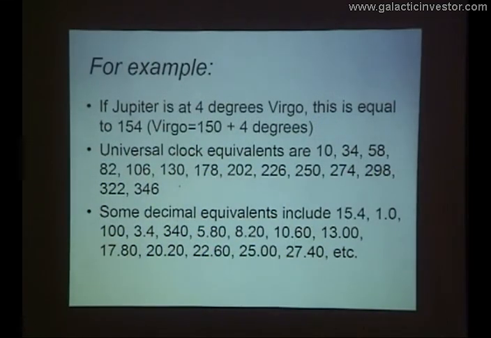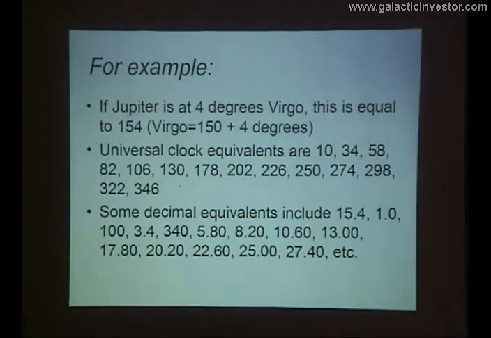For example, if we happen to have Jupiter or any planet at 4 degrees Virgo. Virgo is equal to 150 degrees, and then we'd add 4 more to it. That would be the placement of 4 degrees Virgo is equal to the number 154. On the universal clock, we'll find these equivalents, and you'll notice that all these numbers are 24 apart.